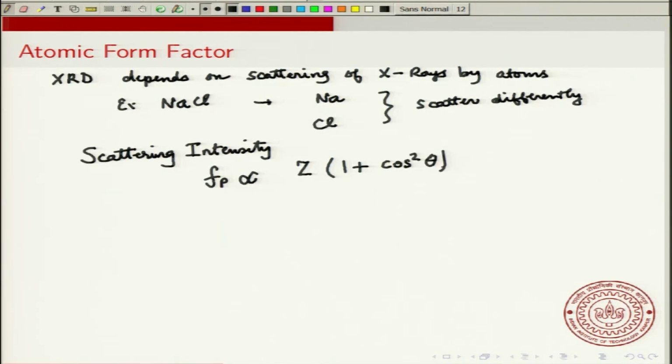So there is a factor of Z, which is the atomic number, and then there is also a factor of theta. I should say it is approximately proportional to.